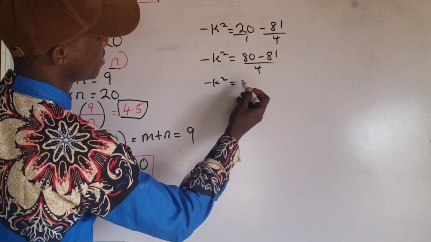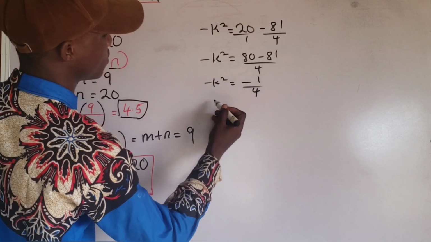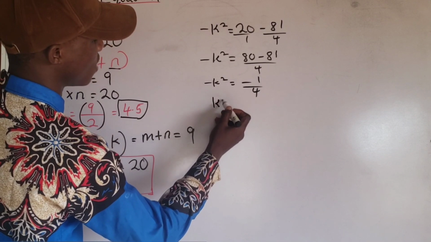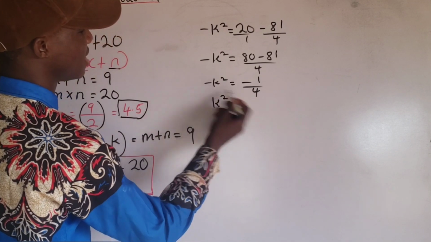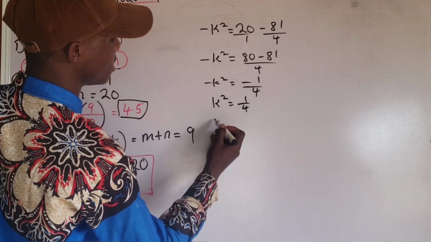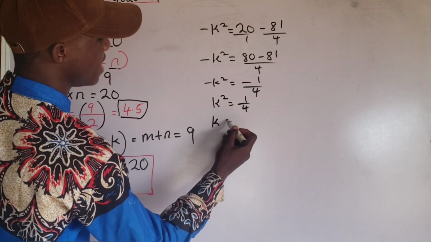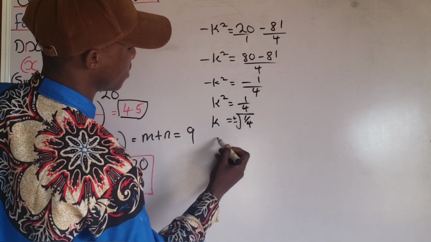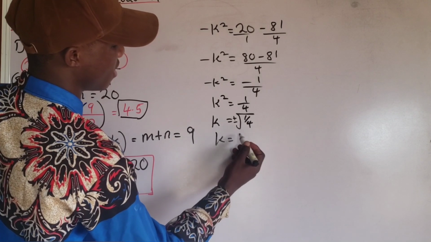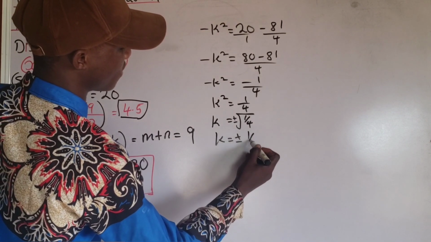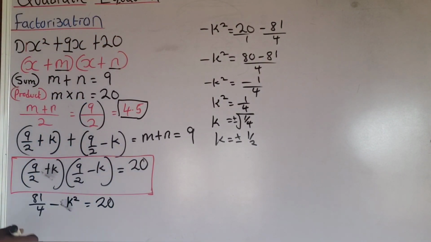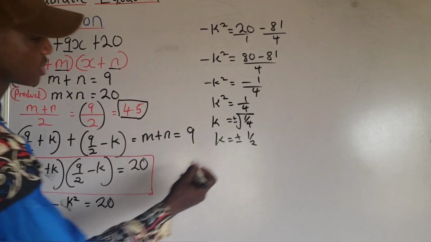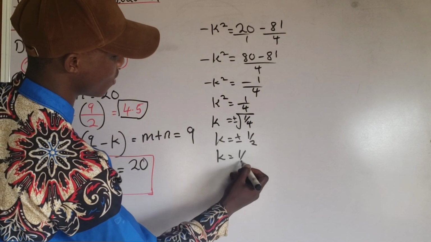That is negative 1 all over 4. So k squared is equal to, just divide both sides by negative 1, 1 over 4. Now take the square root. k is equal to the square root of 1 over 4. So k is equal to plus or minus 1 over 2. If you choose the negative value of k, you are still going to get the same answer, but we're going to choose the positive. So k is equal to 1 over 2.